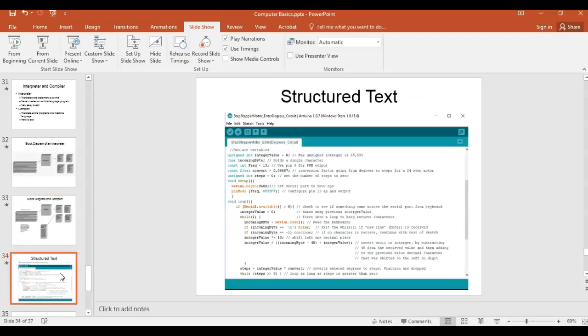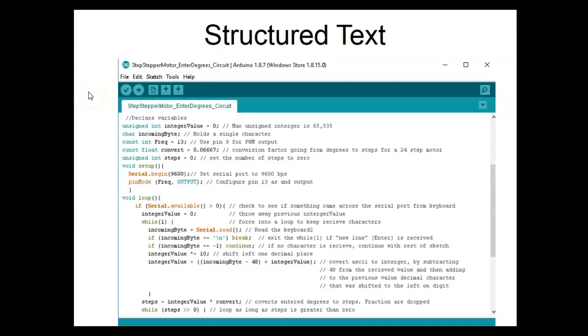This is an example of structured text. Structured text is very similar to Pascal programming languages. So it's all a text-based language. This is one method we can program a PLC.